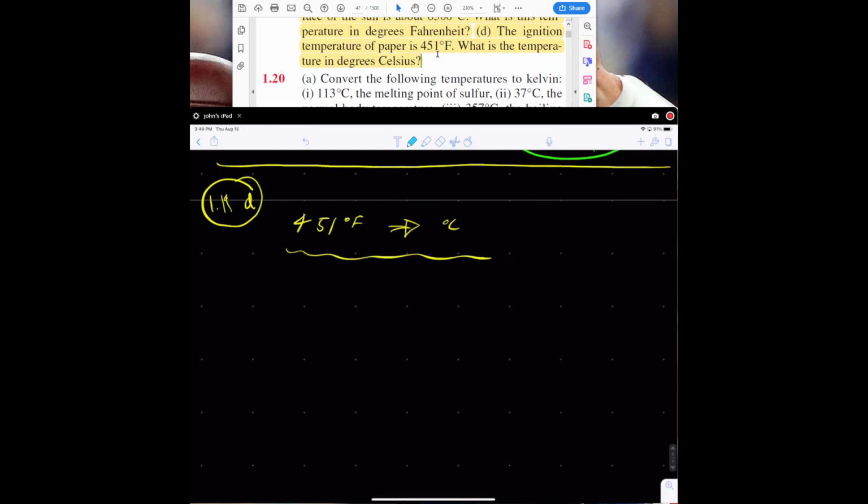We're going to do our degrees Celsius is equal to 451 minus 32, and these here are both degrees Fahrenheit, and this is multiplied by the fraction of 5 degrees Celsius over 9 degrees Fahrenheit, and that's equal to our degrees Celsius. So we can punch this into the calculator. 451 minus 32, that's going to give us our 419 times 5 over 9.